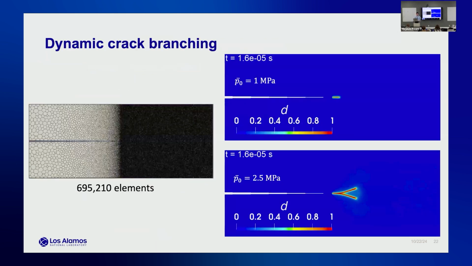Here are the results. The mesh is shown on the left. We have almost 0.7 million elements. The top video shows we have only single crack branching event, and the bottom on the right shows we have multiple crack branching event.